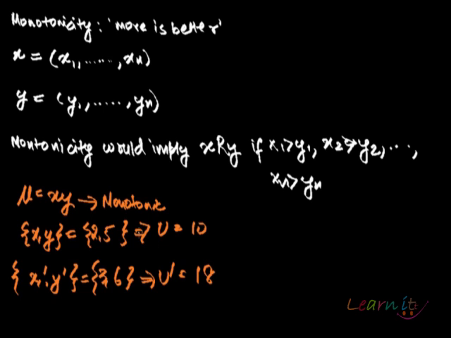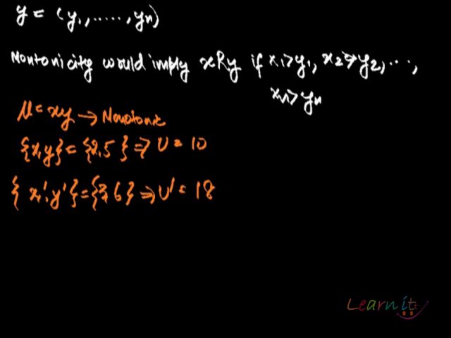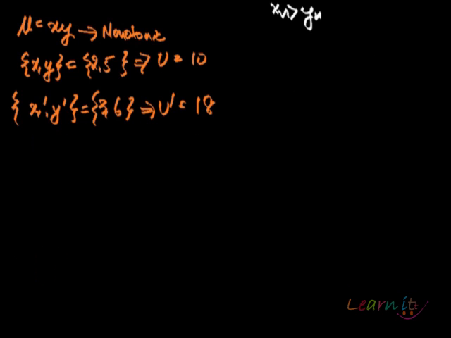The point which I want to make here is that for preferences to be well behaved, monotonicity would mean more is better, and monotonicity would also imply some peculiar shape of an indifference curve. So what is that? I'll just tell you what exactly it would mean.